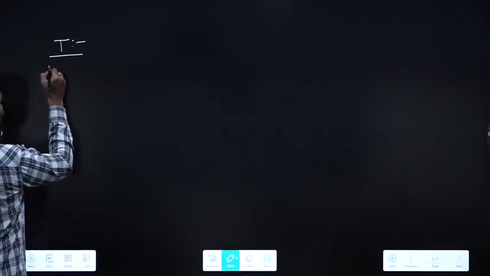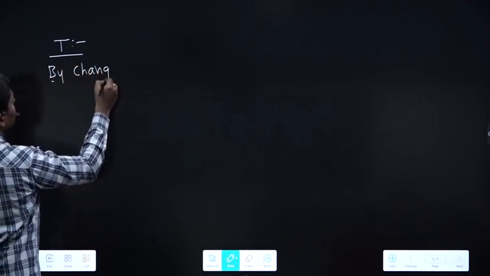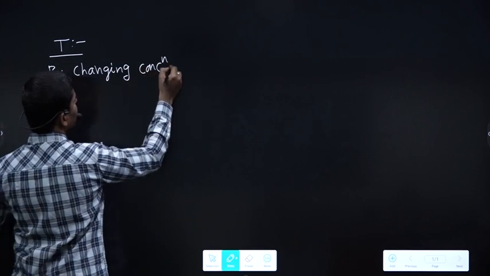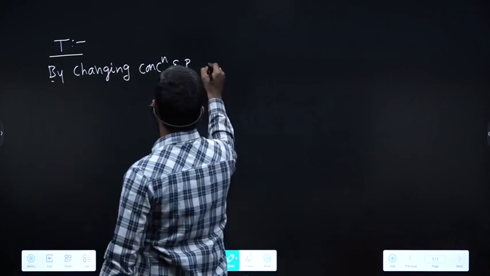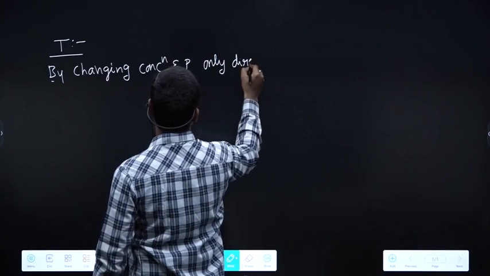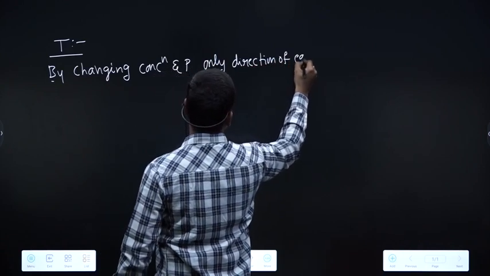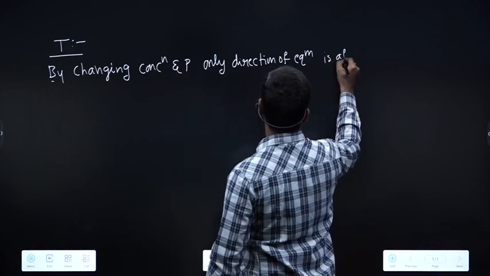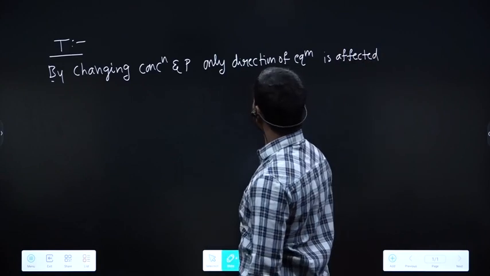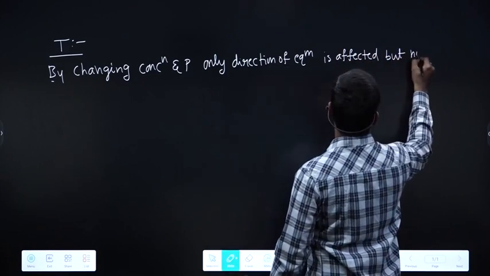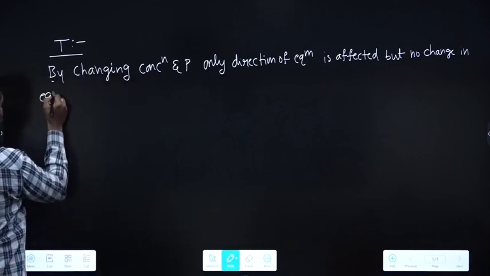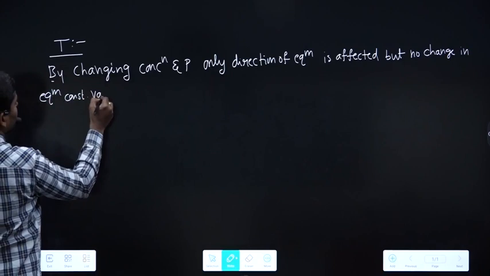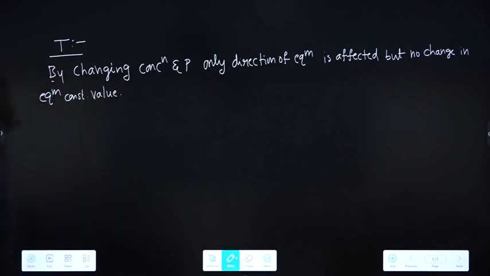By changing concentration and pressure, only the direction of equilibrium is affected, but there is no change in the equilibrium constant value.